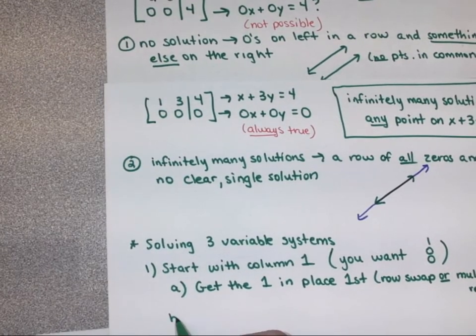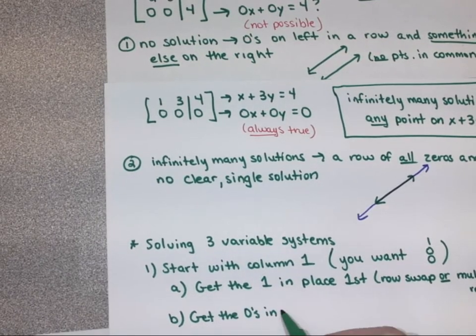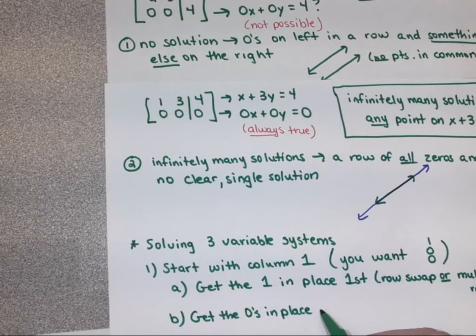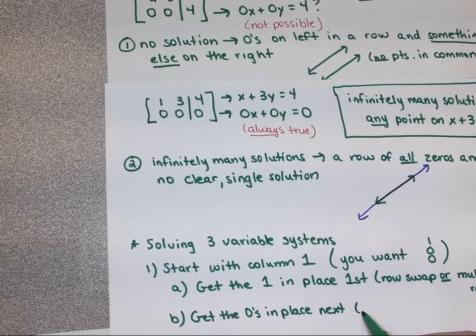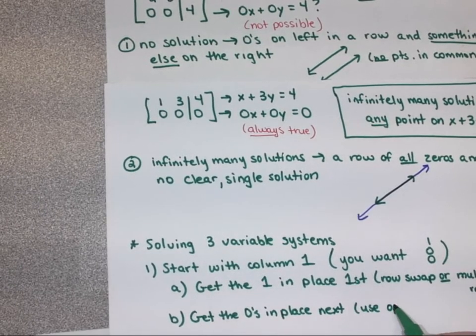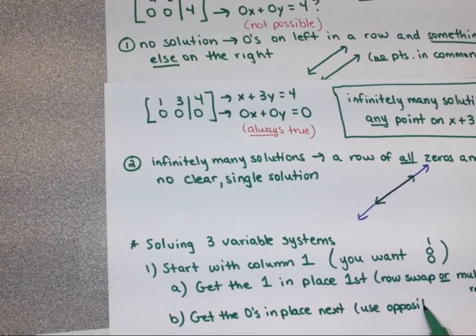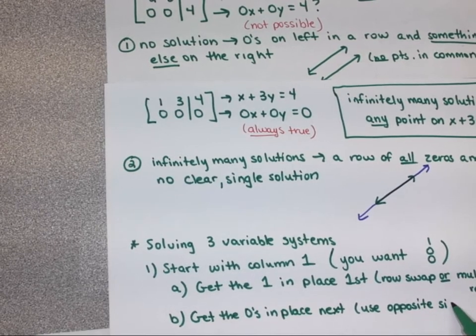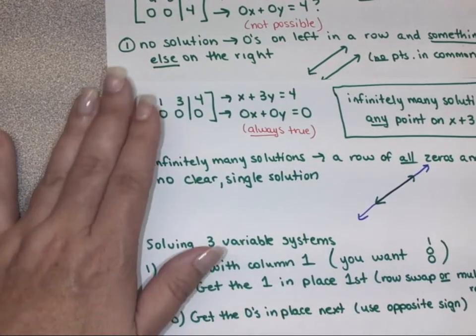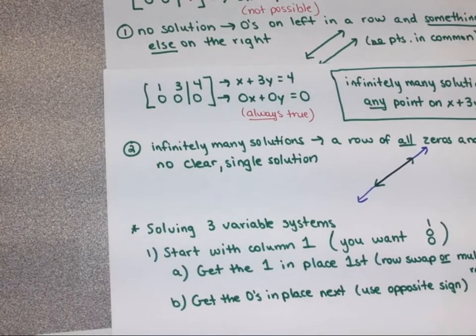Okay, and then the second thing is we're going to get the zeros in place after that. And remember how we do that? We use the opposite sign. So if it's a 3 we want to change to a 0, we use a -3. If it's a -2 we want to make a 0, we use +2.